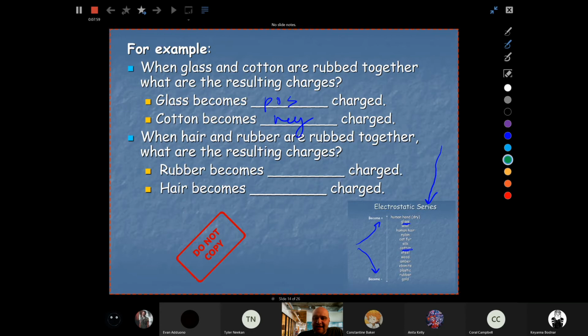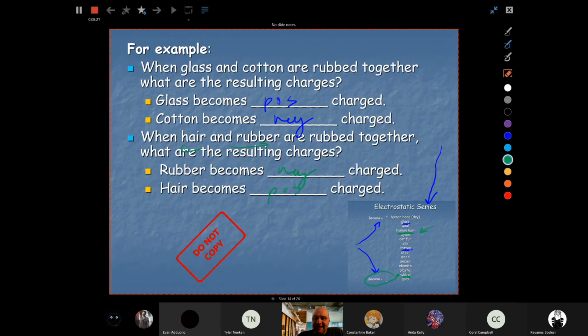That's our first example. Then we've got a second one with hair and rubber. Hair is pretty high up, and rubber is right near the bottom. So rubber becomes negative, and the hair becomes positive.